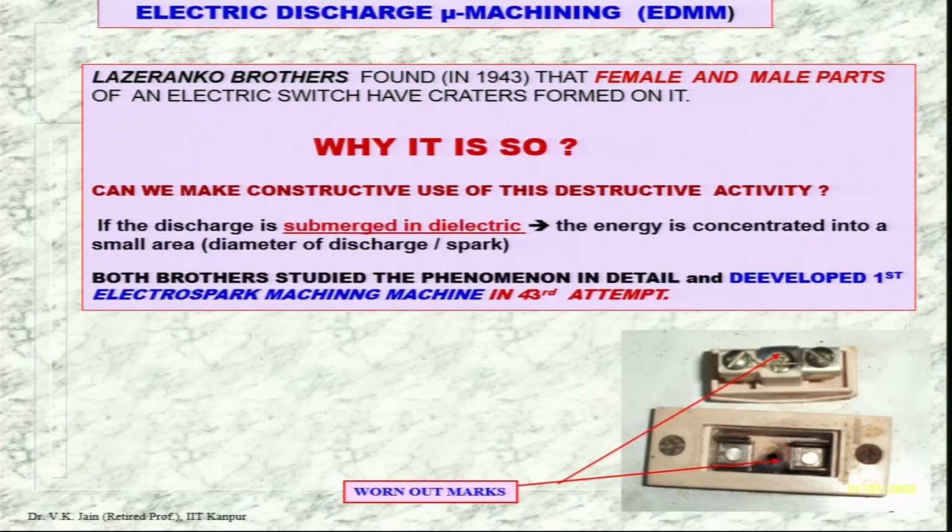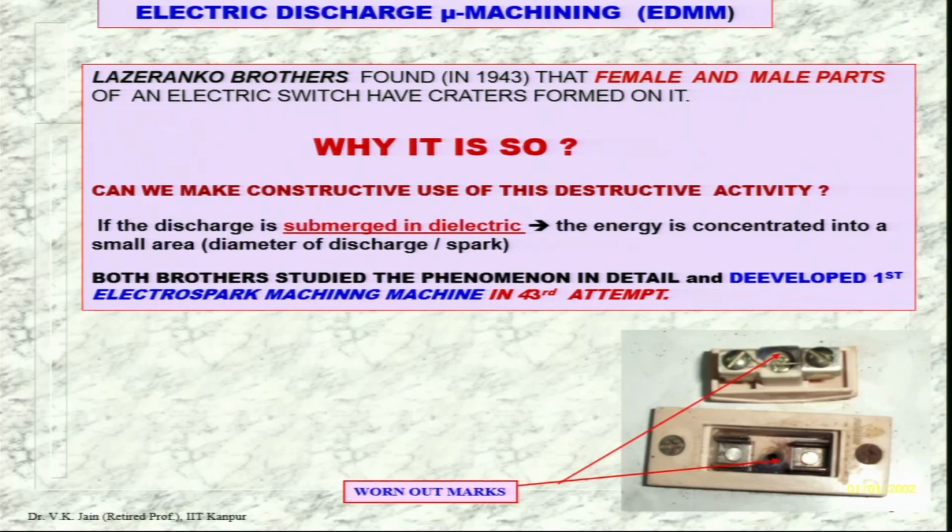If the discharge is submerged in dielectric or liquid, the energy is concentrated into a small area, and the diameter of the discharge or spark will be small. Both brothers studied the phenomena in detail and developed the first electro spark machining machine in the 43rd attempt.